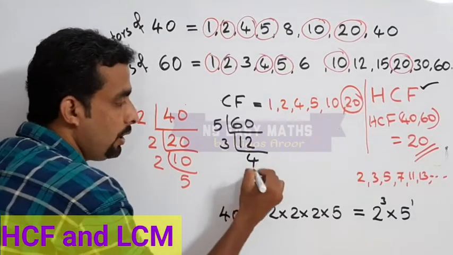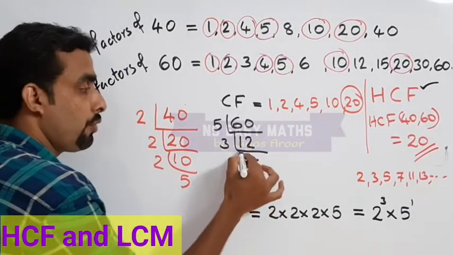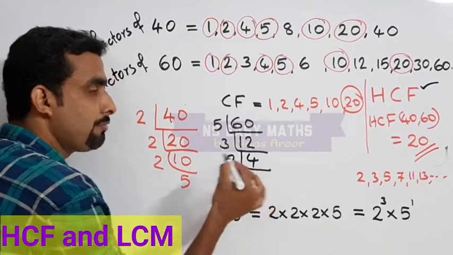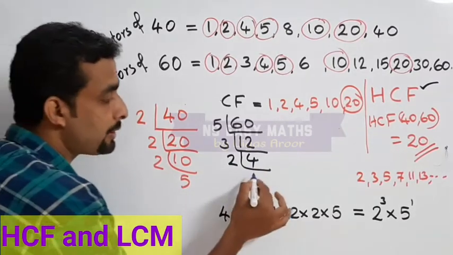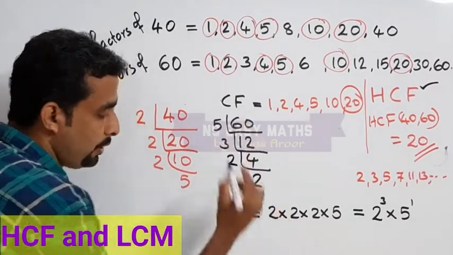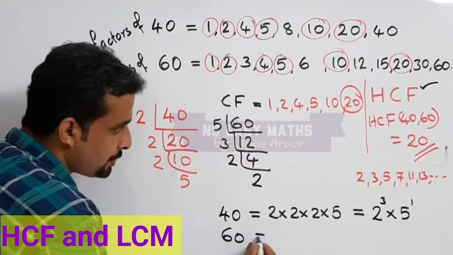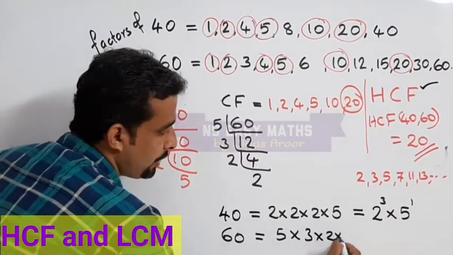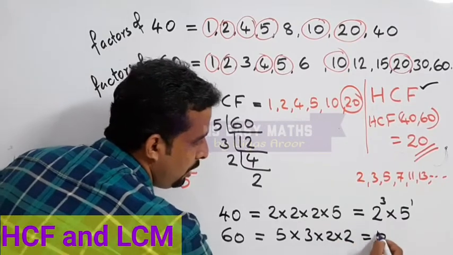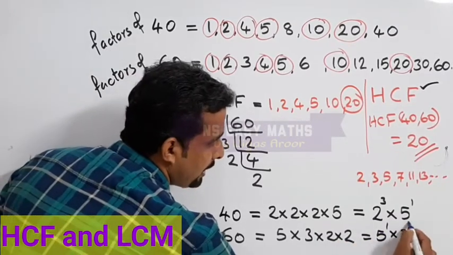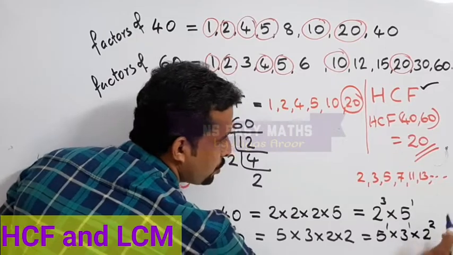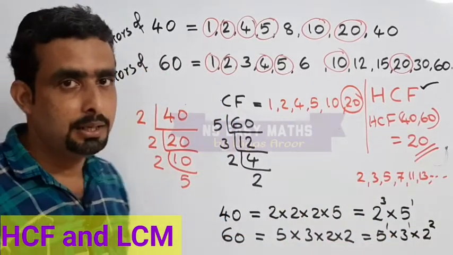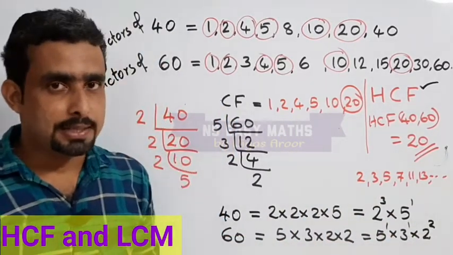Then we get 4. 4 is not a prime number, so we can divide this 4 by 2 again. We get 2, and 2 is a prime number. So 60 can be written as 5 into 3 into 2 into 2, which is equal to 5 raised to 1 into 3 raised to 1 into 2 raised to 2. Is it clear? That is prime factorization.